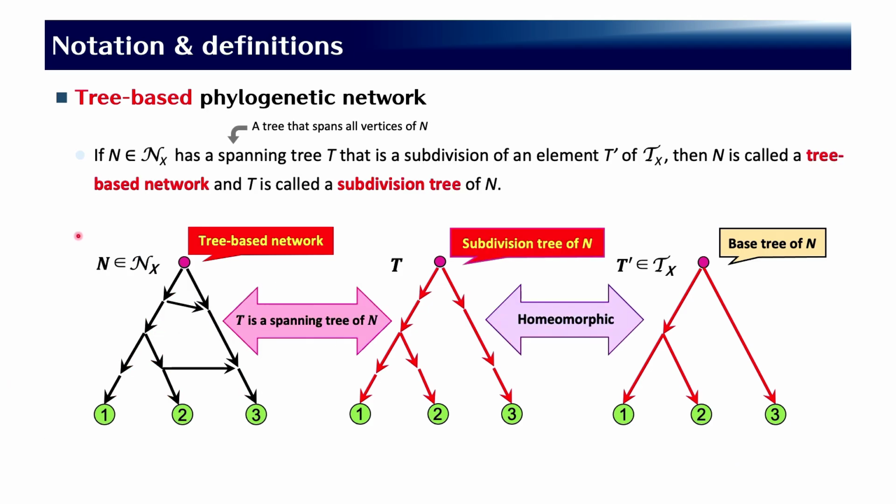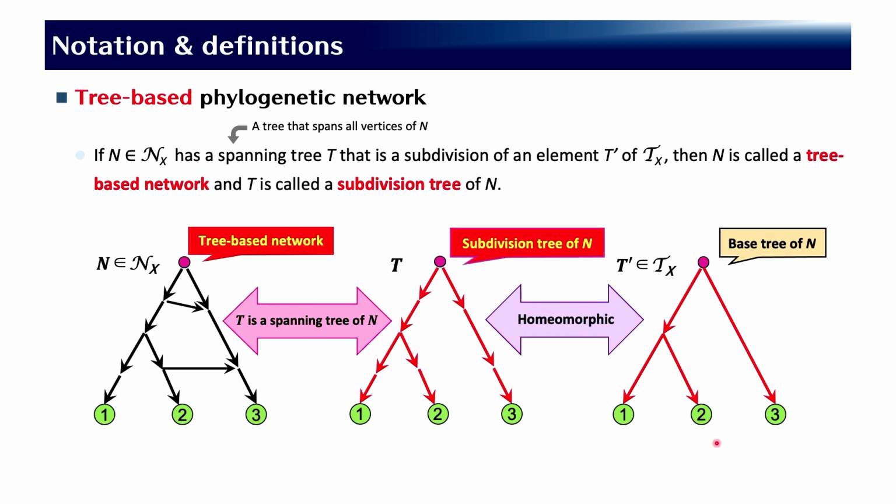Suppose N is a rooted binary phylogenetic X-network and T' is a rooted binary phylogenetic X-tree, with the same X. Then if N has a spanning tree T that is a subdivision of T', then N is called a tree-based network and T is called a subdivision tree of N. Remembering the previous example about the evolution of fish, dolphins, and cats, we can see that a subdivision tree of N is nothing but a tree underlying the non-tree-like data.